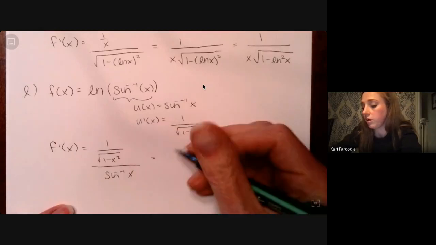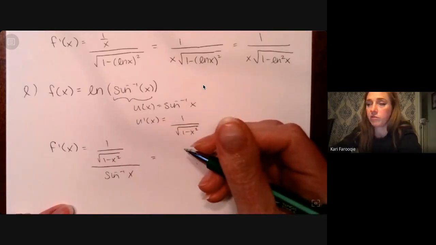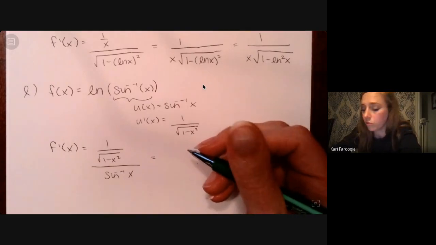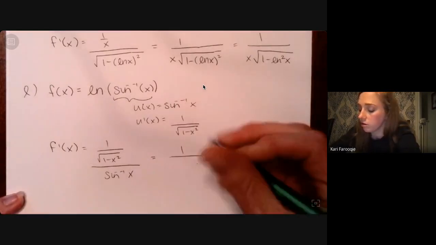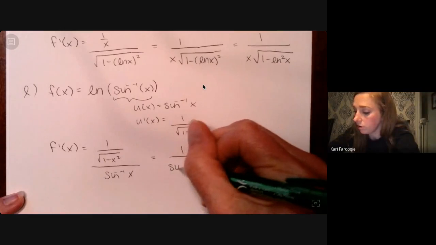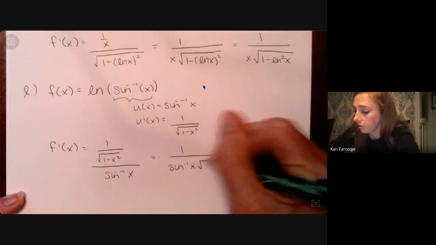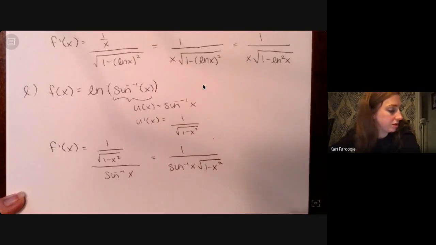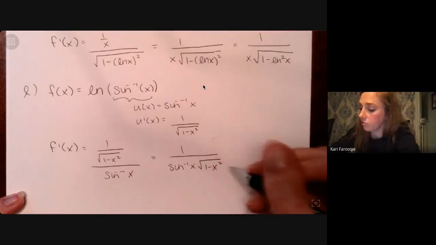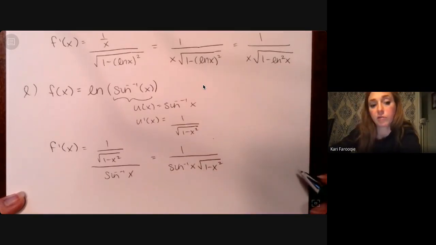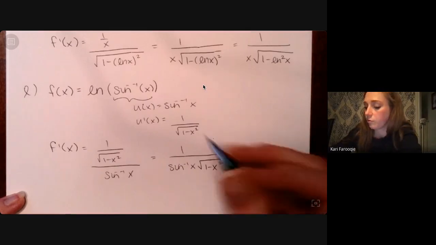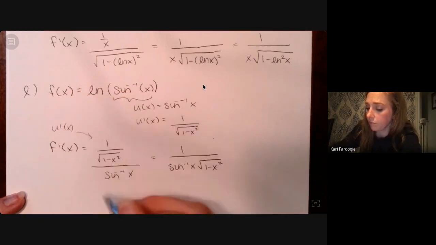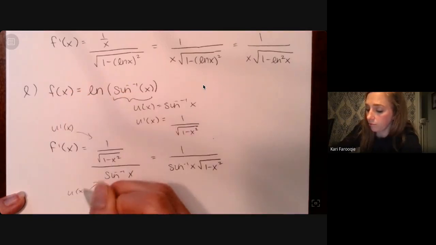Instead of dividing by inverse sine x, think about it as multiplying by 1 over inverse sine x. And then what you're going to end up with here, and it kind of depends on how you want to write it, will be the inverse sine of x times the square root of 1 minus x squared. Okay, so remember that this is just u prime over u.